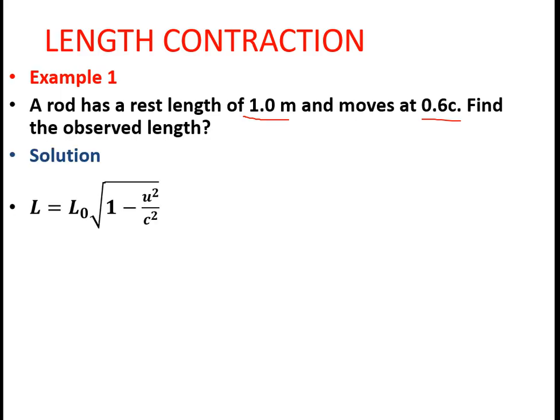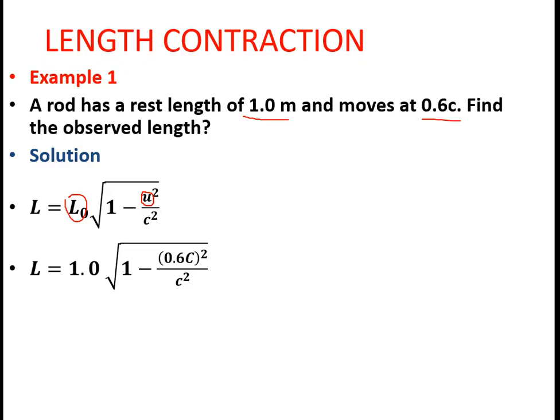Using this equation, the original length, the rest length, is L naught. We also have 0.6, which we are going to substitute here, and then we cancel out. So this is what we have.